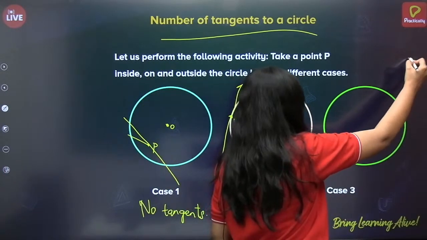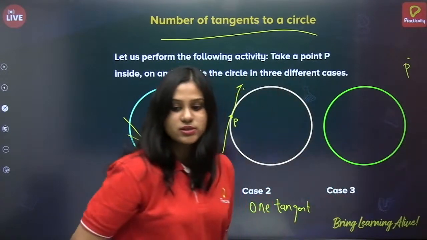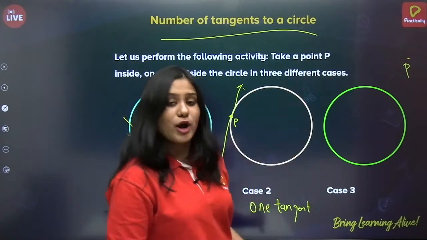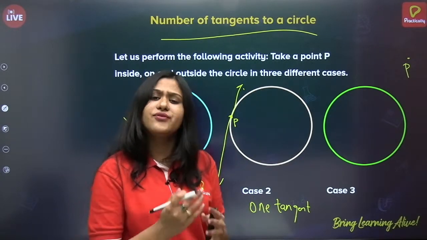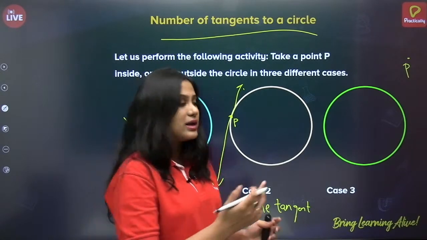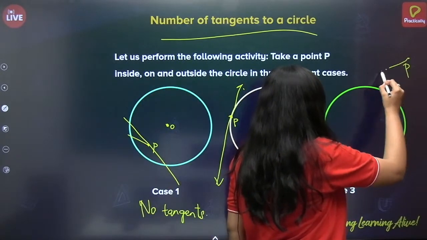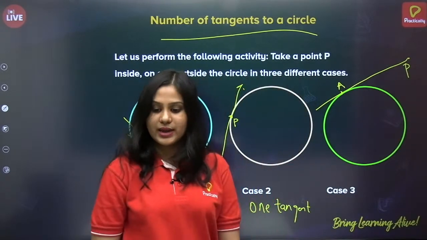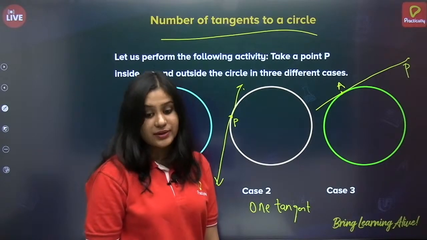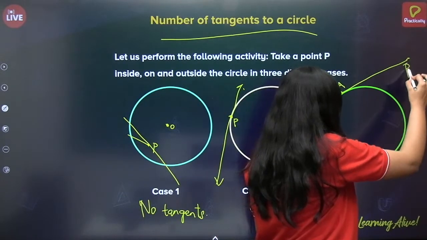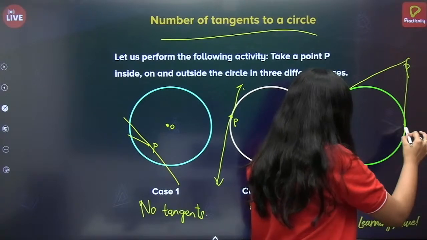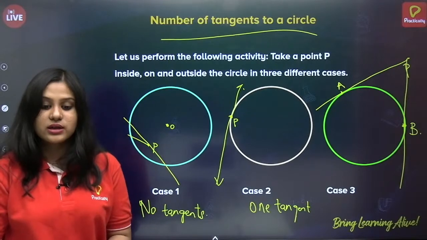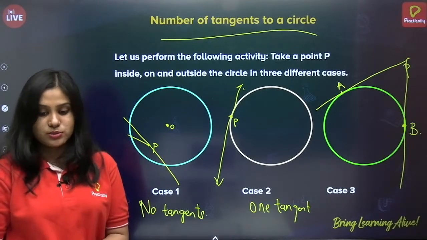Now, let us take a point outside the circle. Let me just take it here. I hope it is visible. From this point P, can I draw any tangents? If yes, how many tangents can I draw? From this point, I can draw this, which meets at point A. And I can also draw a tangent like this, PB.